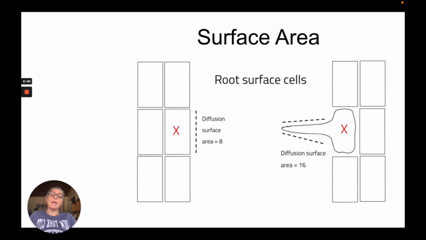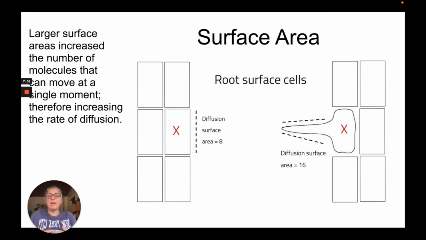Now, if we take a root hair cell, which increases the surface area of the cell, we can see that the increase has doubled the diffusion surface area to 16. So there is more area for water and mineral ion molecules to move across.